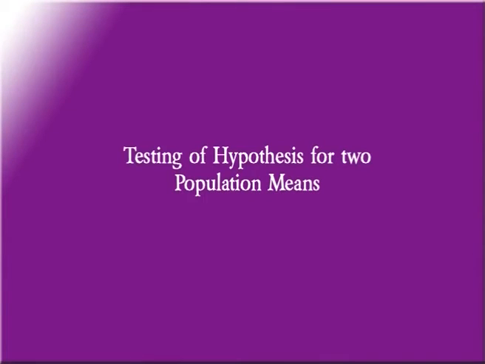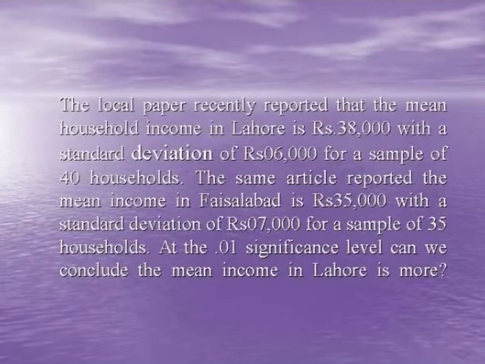Thank you, Sidra. I'm trying to explain the testing of hypothesis for two population means with the help of this example. Suppose we have two cities in Pakistan, Lahore and Faisalabad, and we have two different population means to compare in the testing of hypothesis.